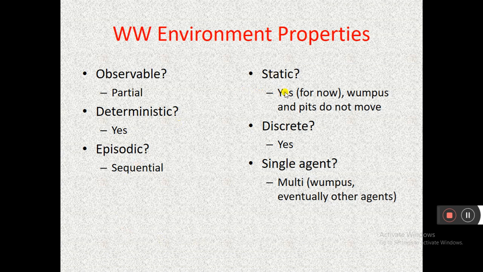Whether it is static? Yes, for now Wumpus and pits do not move, so it is static. Discrete? Yes, we have predefined steps to go forward and backward, so this is discrete. Single agent? No, we have multi agents. We have many other things along with the Wumpus.